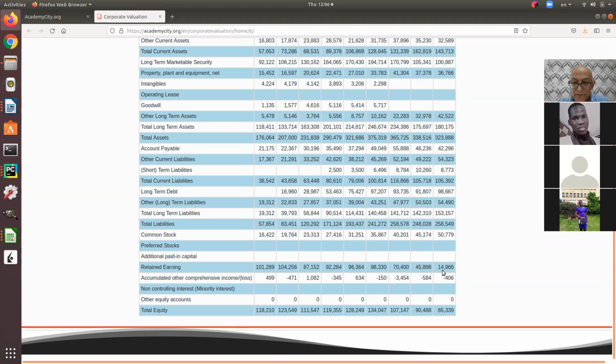The difference between the 14 billion and the 45 billion means I have about 30 billion here. What is that 30 billion? That means that in addition to the net income that the company generated in 2020, all of that 30 billion is gone as a dividend.